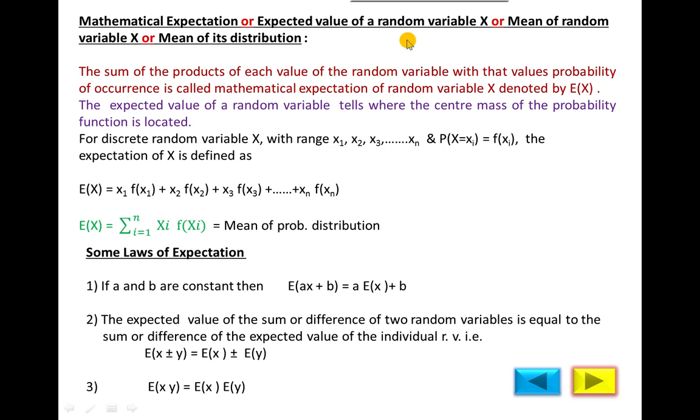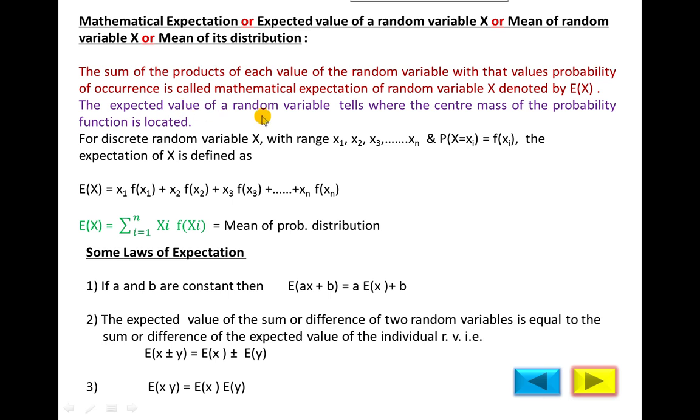In probability distribution and in frequency distribution it is called mean. The random variable x denoted by E(x) is also called the mean of the probability distribution. So for the mean of the probability distribution we use this notation and this formula.